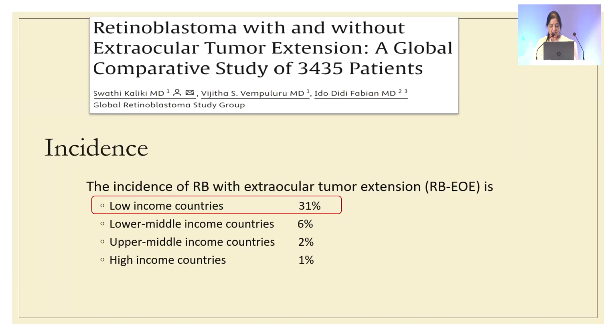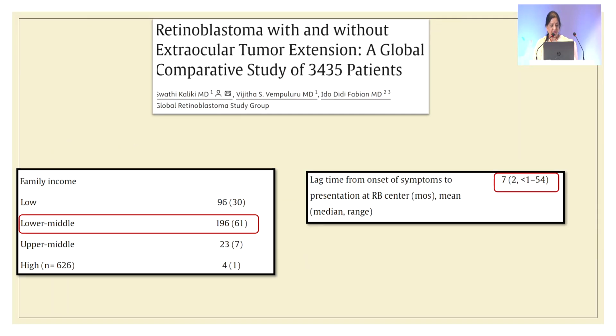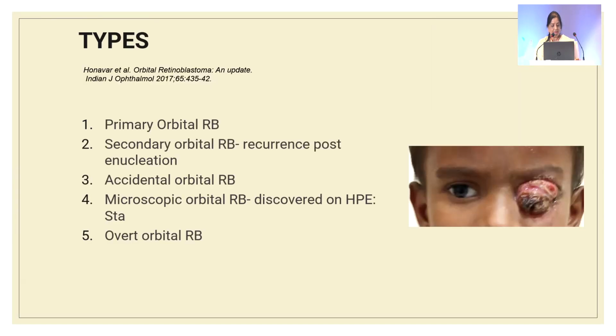The highest incidence is in the low income countries, 31%. It's also associated with income, the low middle countries having the highest burden, and with a lag time from the onset of symptoms to presentation of nearly 6 to 7 months.